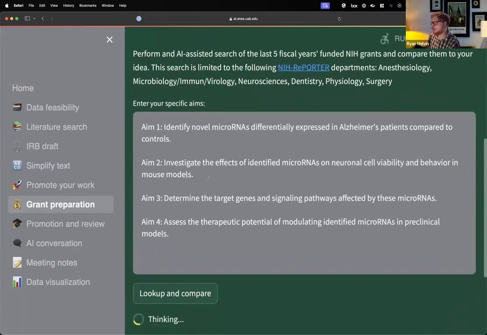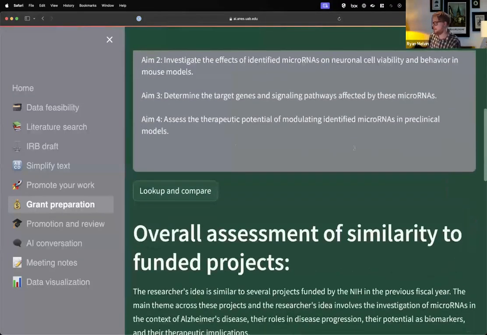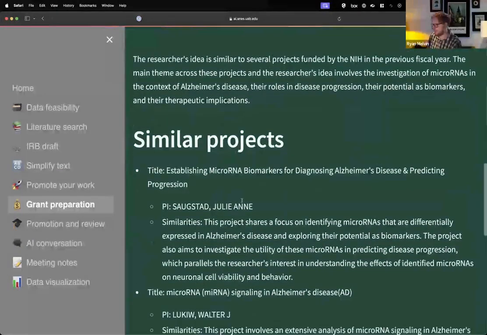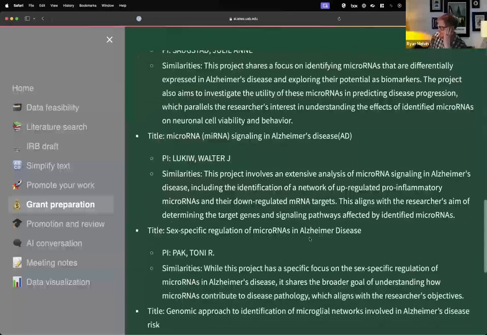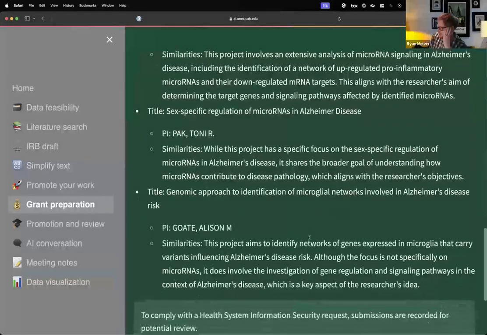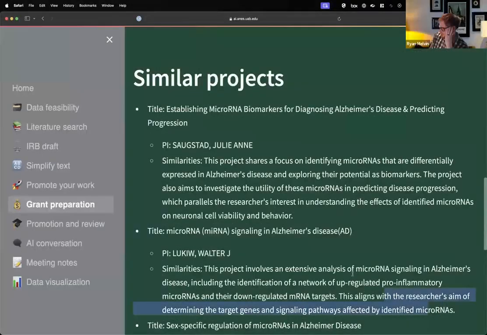And it'll tell you how similar or different your project is to other ones that have been funded. And that can go both ways, right? Sometimes the NIH really gets on a track and they just want to fund the same thing over and over. And so maybe knowing that your project is almost exactly like this person's would be beneficial. So you can see these all do seem related, especially these first two.